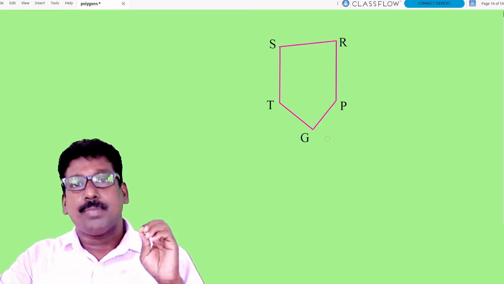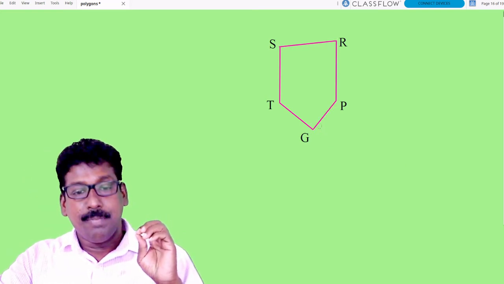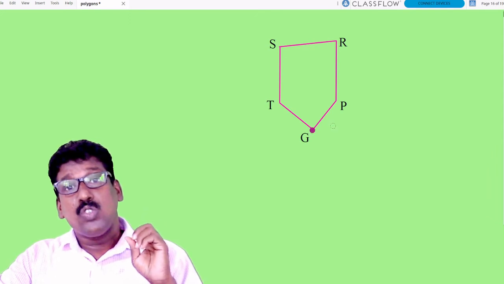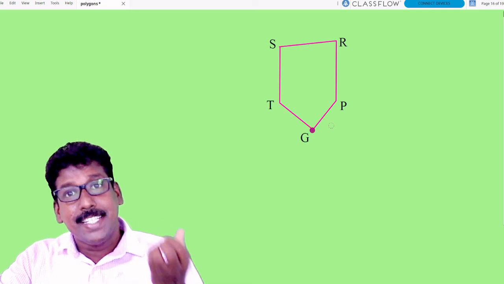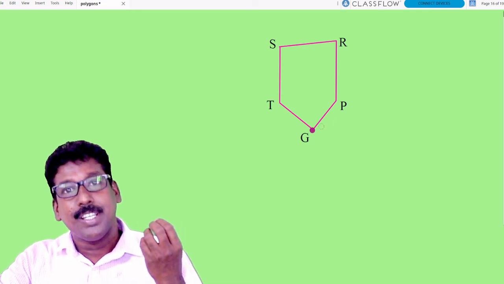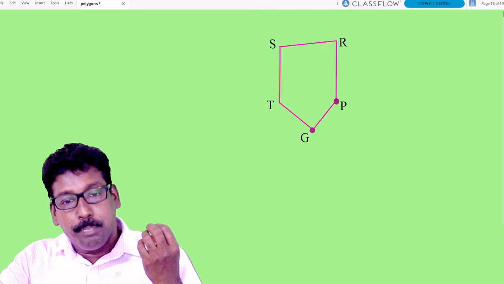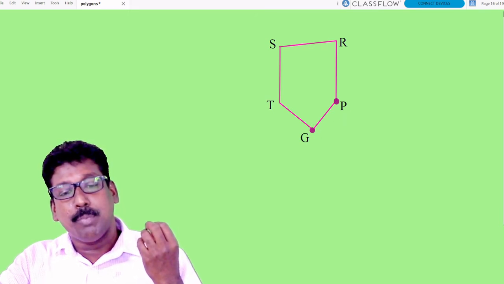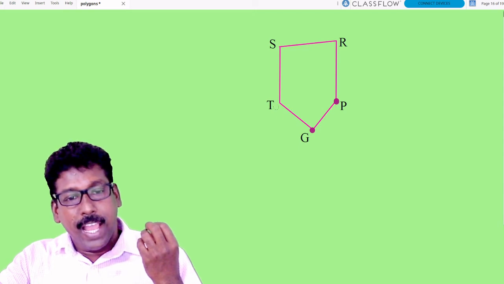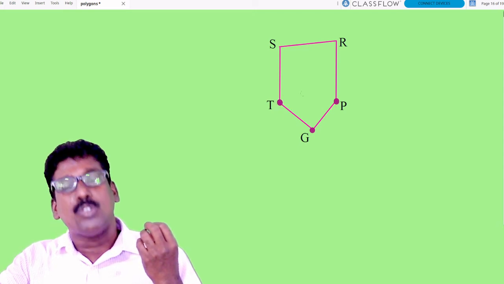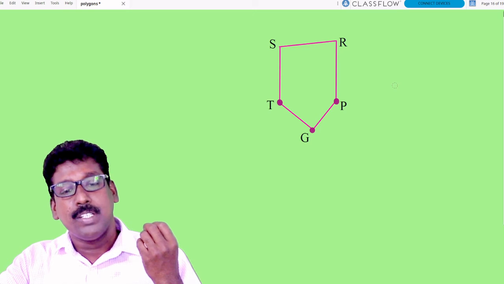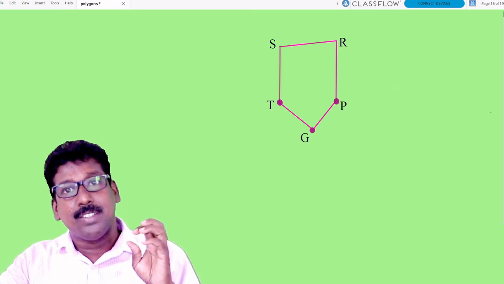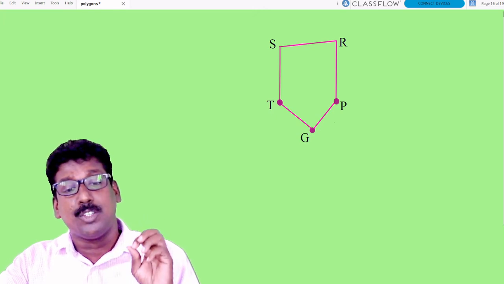Here in this polygon GPRST, consider a vertex G. Can you say what are the adjacent vertices of G? Yes, P is an adjacent vertex of G because P and G are the endpoints of the side GP. And T is also an adjacent vertex of G. Now, what are the vertices which are not adjacent to G?